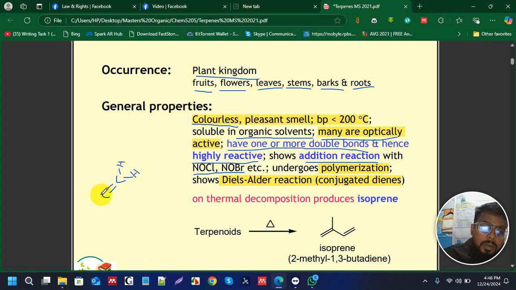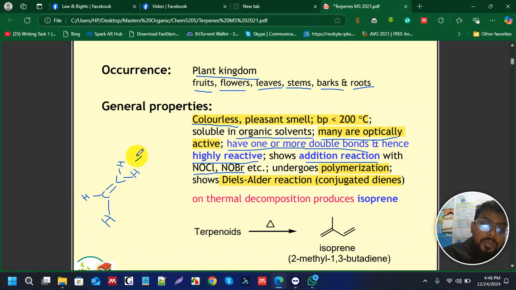It's an example of an alkene. We would like to show the addition reactions of alkenes. Terpenes or terpenoids contain at least one carbon-carbon double bond, because terpenes and terpenoids are unsaturated compounds.